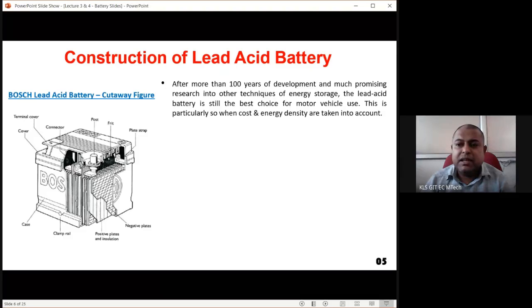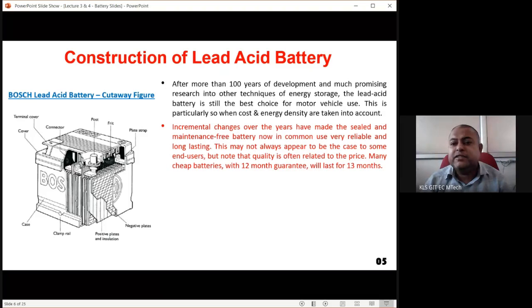That means it is taking very less amount of price and it is producing very high amount of energy. And that too with a very high rate. The rate means within very small amount of time, it can produce very high amount of energy. So these are the reasons because of which even after 100 years also, lead acid battery is the main battery which is connected for vehicle or car usage.